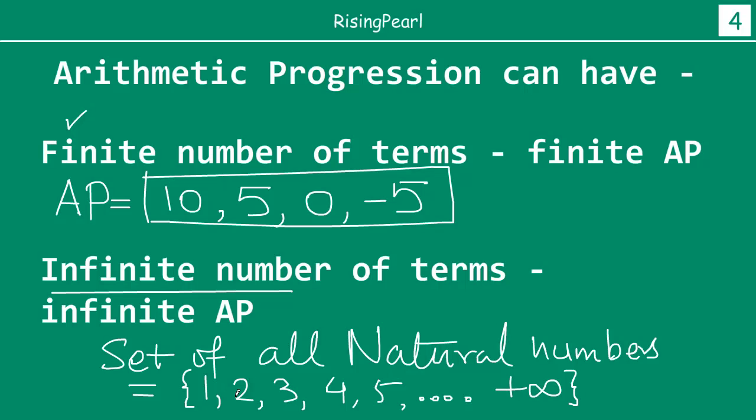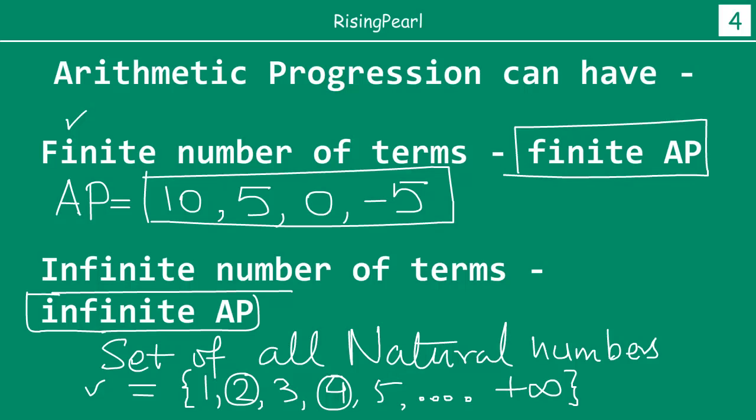The reason this is an arithmetic progression is that if you take any term and add 1 to it, you get the next term. Similarly, if I take this term and add 1 to it, I get the next term. So this is an arithmetic progression, but the number of terms in it is infinity. So we call this an infinite arithmetic progression. If we have a finite number of terms in an arithmetic progression, we call it a finite arithmetic progression.